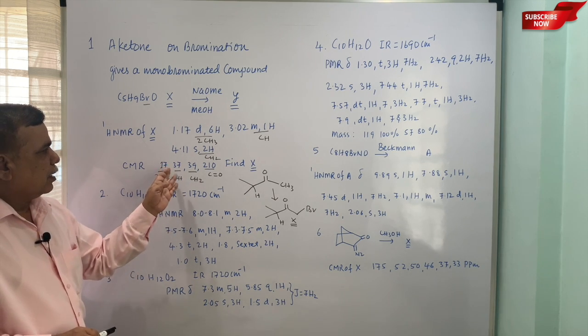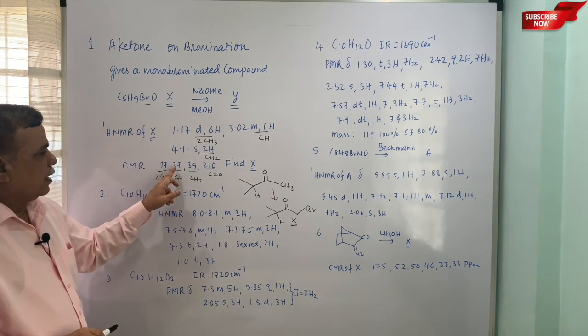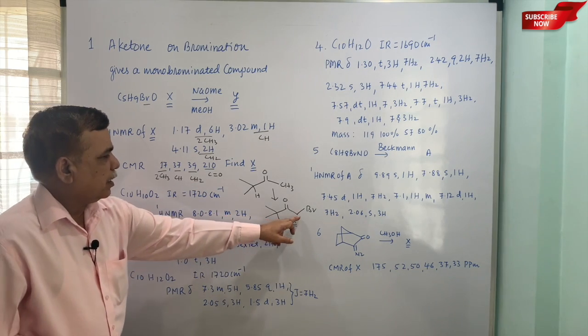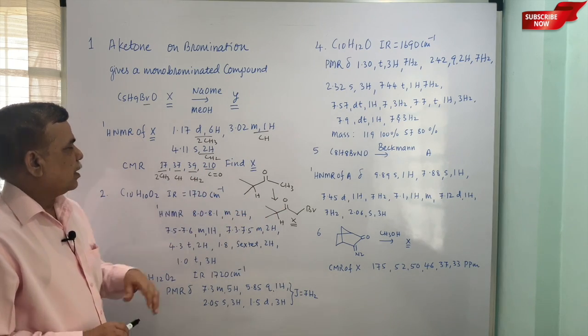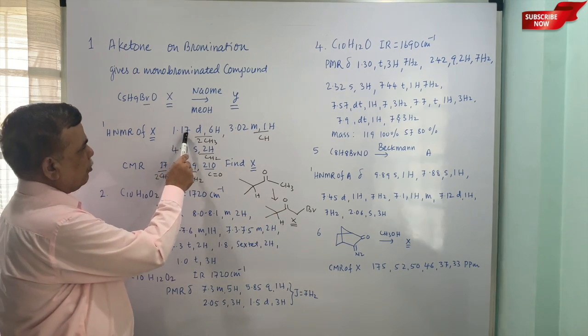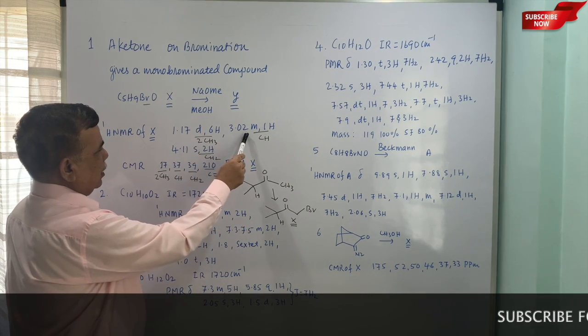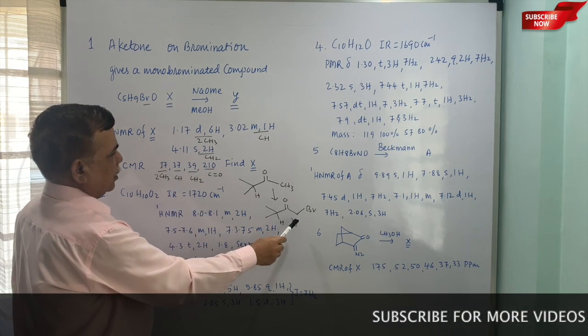In carbon NMR, 17 is these 2 gem dimethyls, 37 is the CH, 39 is the methylene which is attached to Br, and 210 is the carbonyl. Similarly, 1.17 is these 2 gem dimethyls, 3.02 is this CH, 4.11 is this.